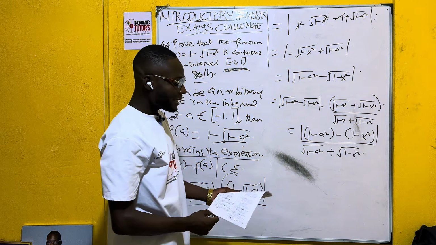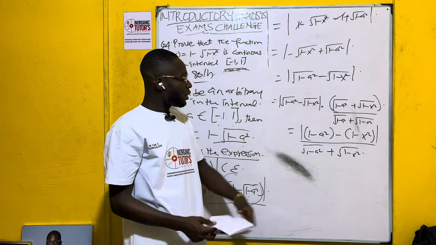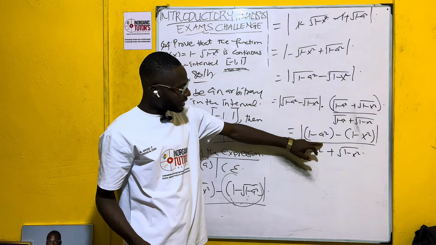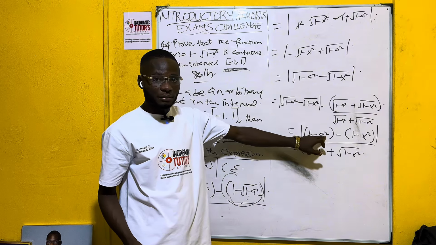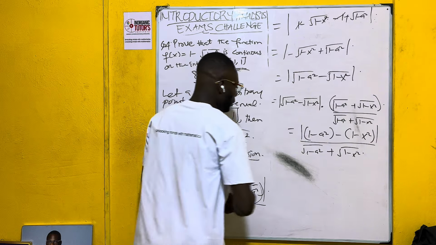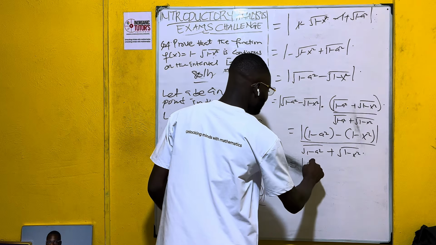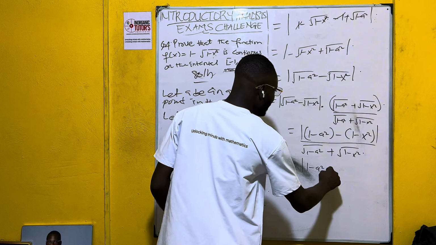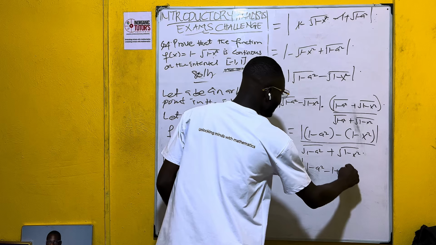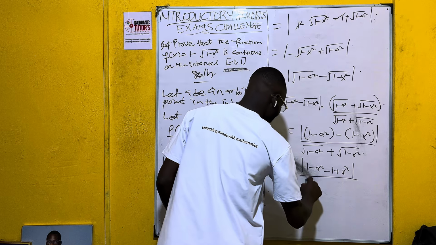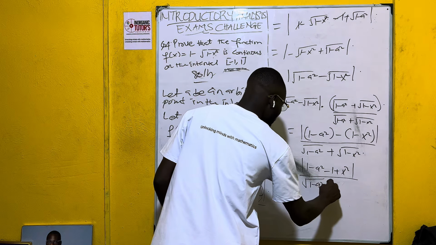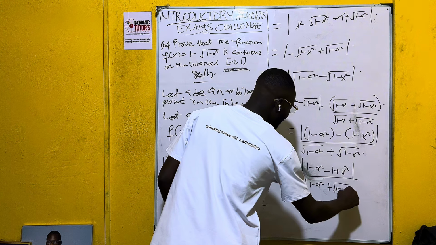Now, this term that we have, we can see clearly that we can expand the top and clear off some terms, right? So we have absolute value of 1 minus a squared minus 1 plus x squared divided by square root of 1 minus a squared plus square root of 1 minus x squared.